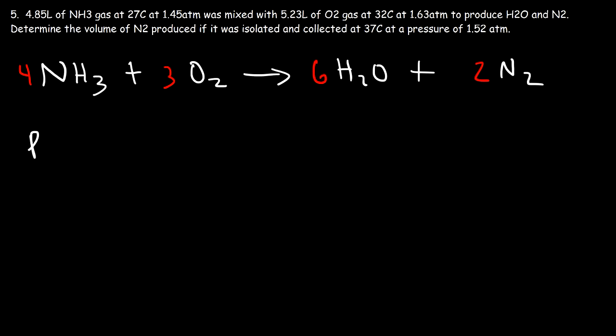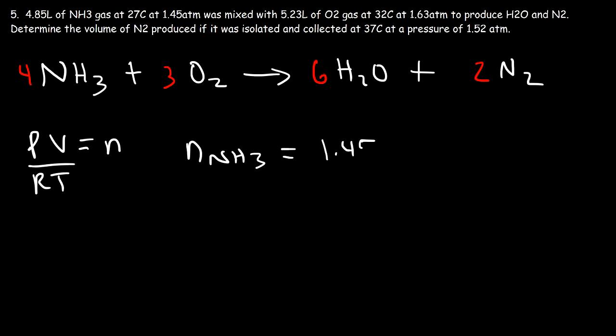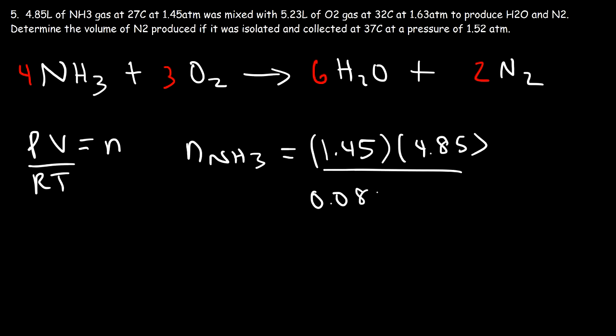So I'm going to use PV equals nRT to calculate the moles. So to solve for n, divide both sides by RT. So PV divided by RT is equal to n. So the moles of NH3 is going to be the pressure, which is 1.45 atm, times the volume of 4.85 divided by R, which is 0.08206, and then we have a temperature of 27 degrees Celsius.